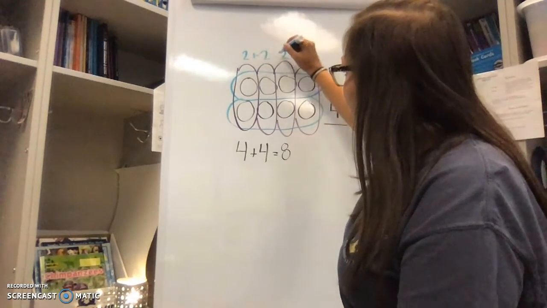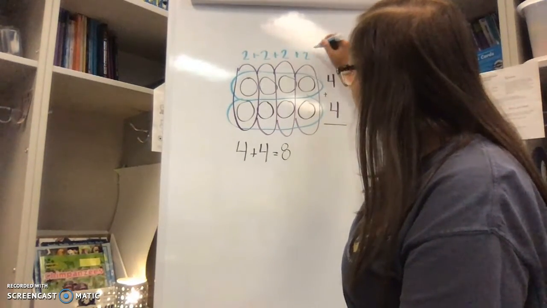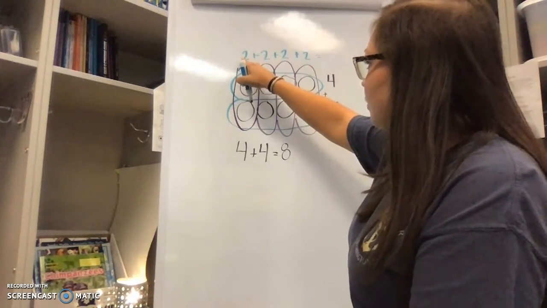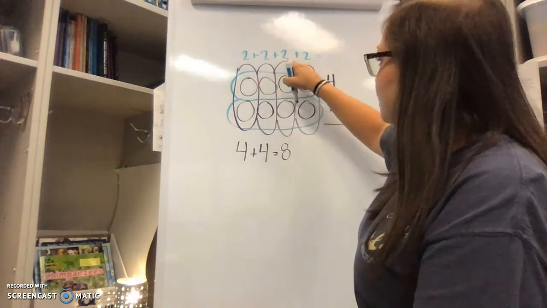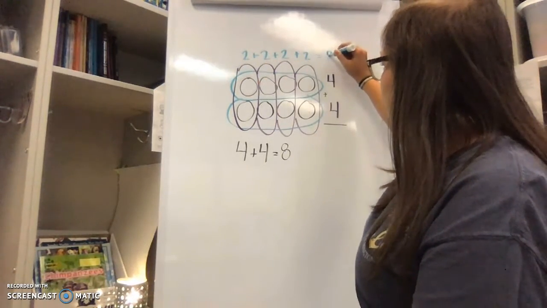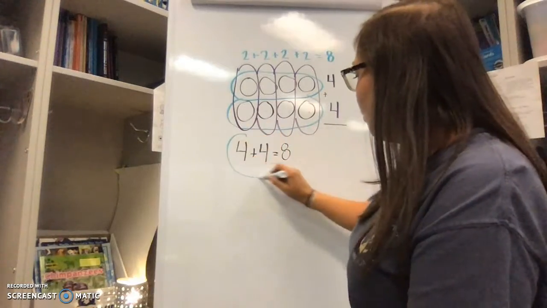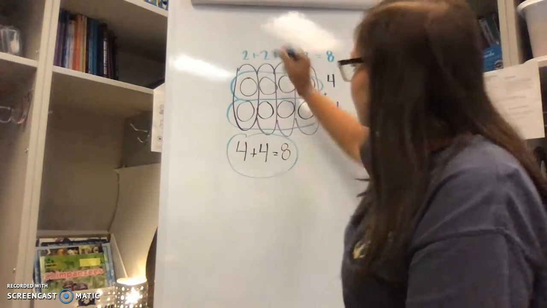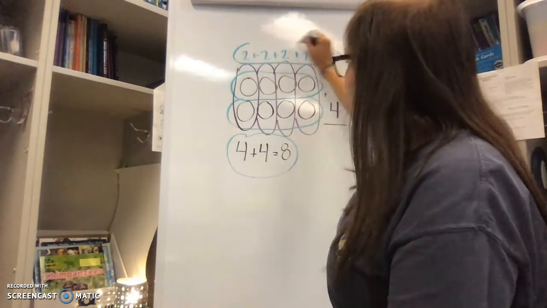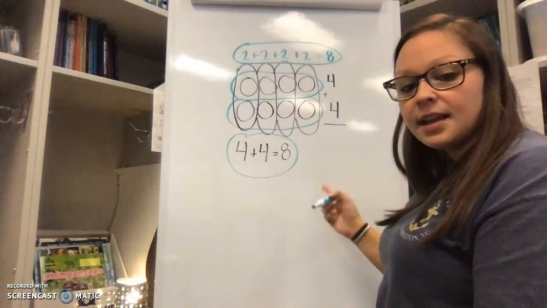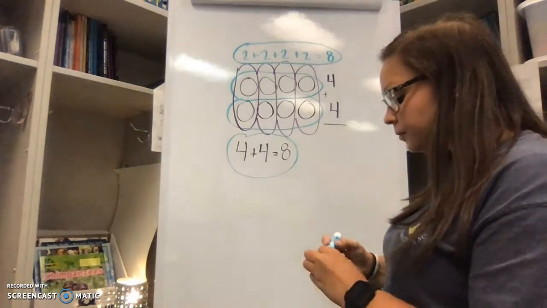So if I add all these groups of 2 together, I know 2, 4, 6, 8. So here I have one repeated addition sentence and another repeated addition sentence for the same array.